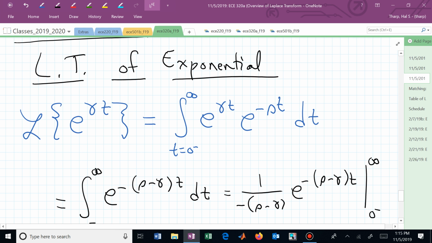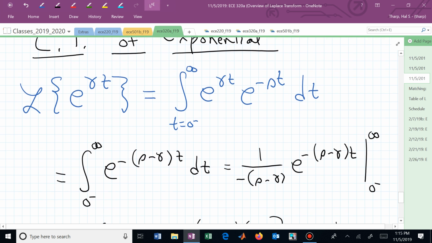We simply plug the function into its location in the definition of the Laplace transform, which was this integral from 0 minus to infinity f of t e to the minus st dt. F of t in this case is e to the gamma t. And we can combine those two exponents by summing algebraically their exponents.